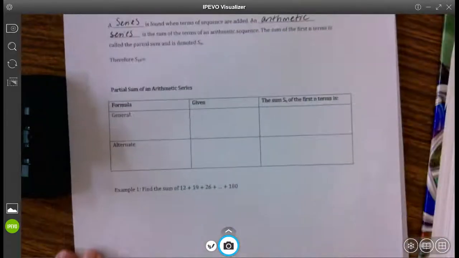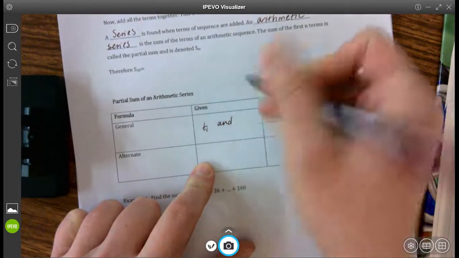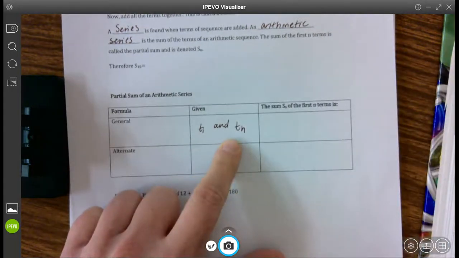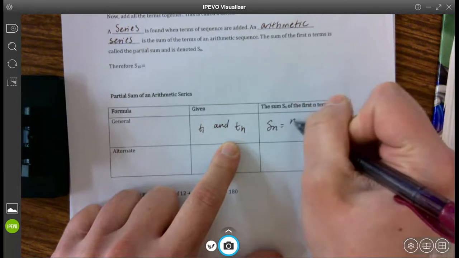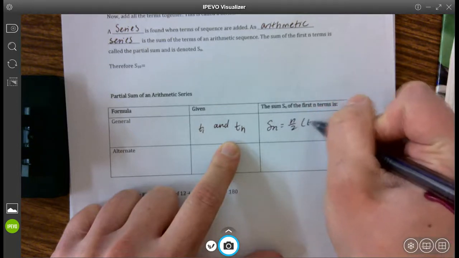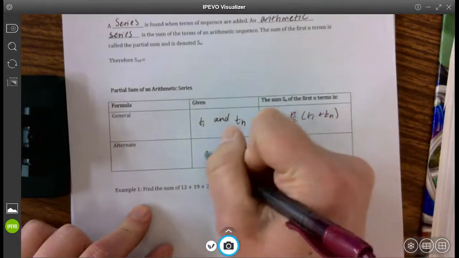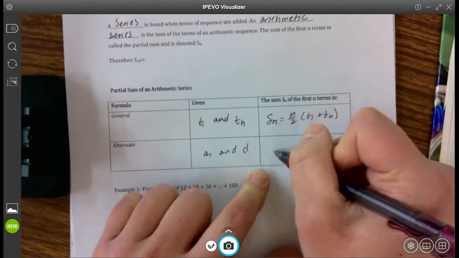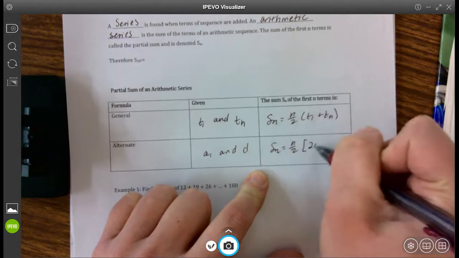So the general one uses your first term and your last term. Your textbook says a sub 1 and a sub n. I don't care either way, whatever you want to write. I like saying n divided by 2, your first term plus your last term. It's just easier logically to think of. And if you're given the first term and the common difference, you can use the other formula as well. I never really have, but you can.